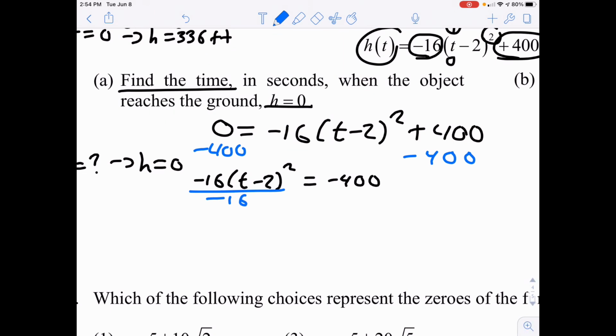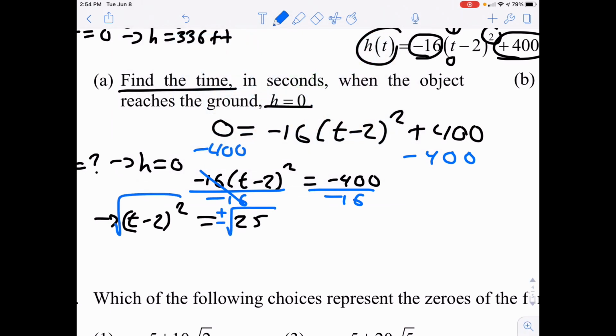Then we'll divide both sides by negative 16. And we get t minus 2 quantity squared is equal to 25. Take the square root of both sides. And t minus 2 is equal to 5, and t minus 2 is equal to negative 5.